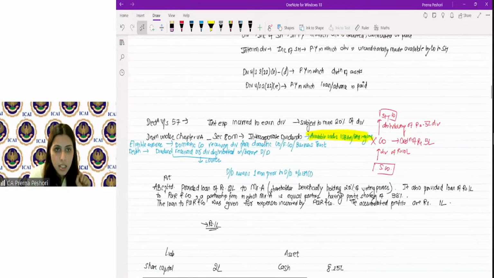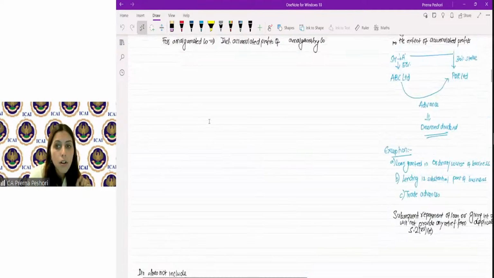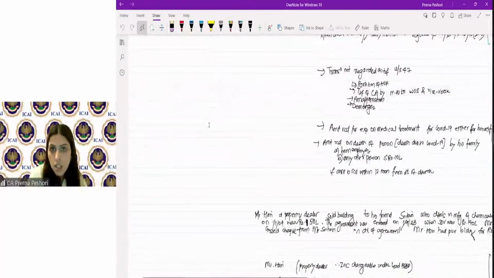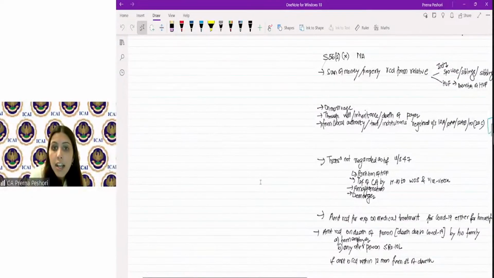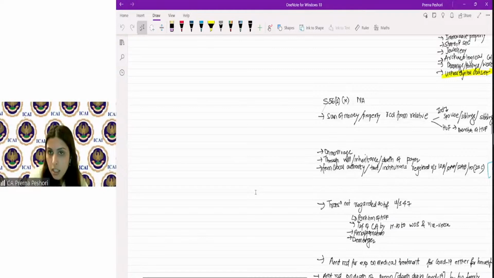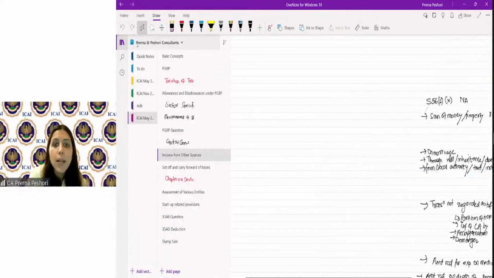Yes. So if you remember, we have done 56(2)(10) gift taxation. There I had told you that this will not be applicable for 56(2)(10).